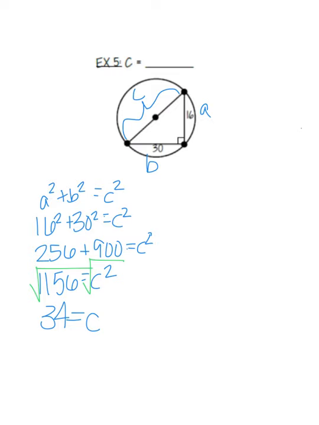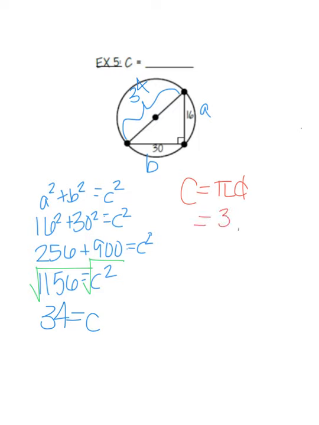Now, that means that whole part, so I'm going to erase my C. There we go. And I'm going to put in that it is 34. Okay, so that's the diameter. I'm looking for circumference. The formula for circumference is C equals pi d, and d is 34.